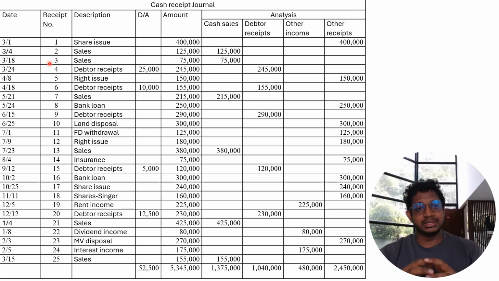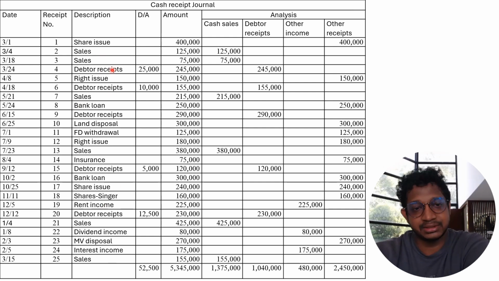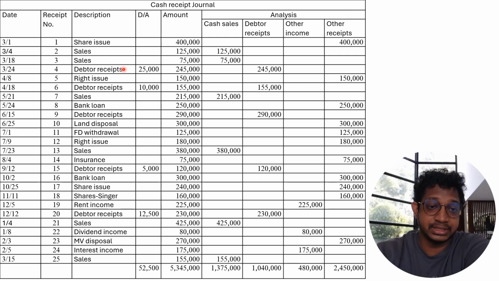You have to add all the same transactions together, and that total you have to record in cash flow operating activities. So the total sales and the debt receipts you have to add and then record in the operating activities.